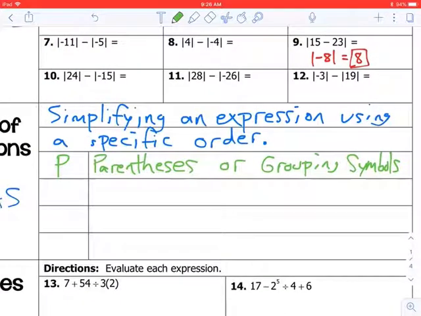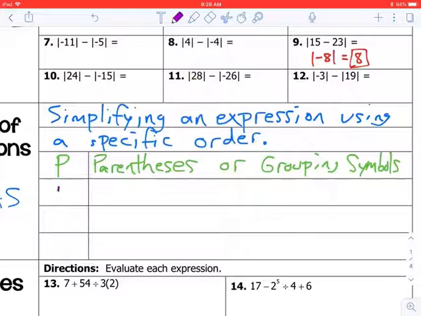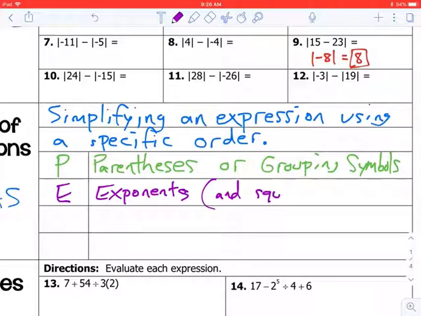So take care of parentheses first, and then after P is E. E stands for exponent. Okay, exponents. And eventually we'll realize that exponents also includes square roots or radicals.